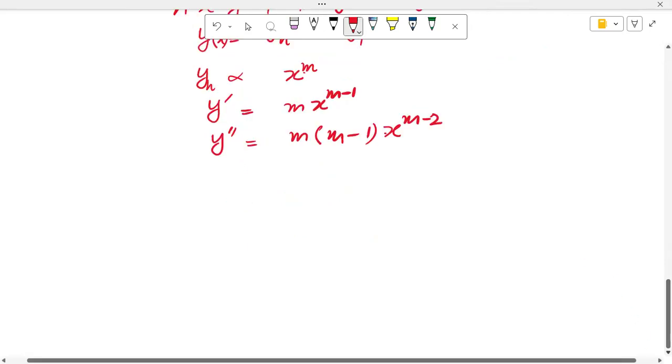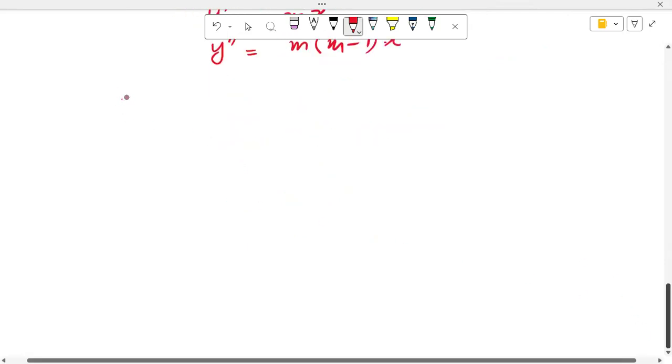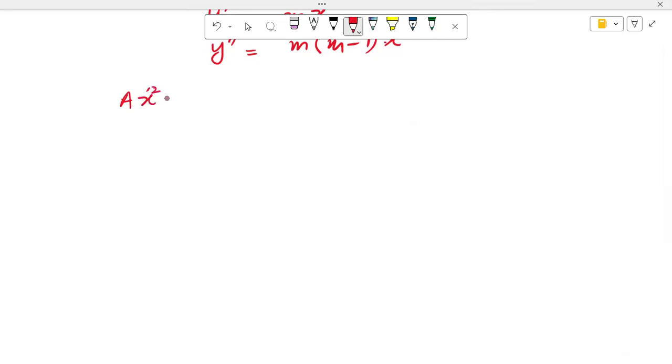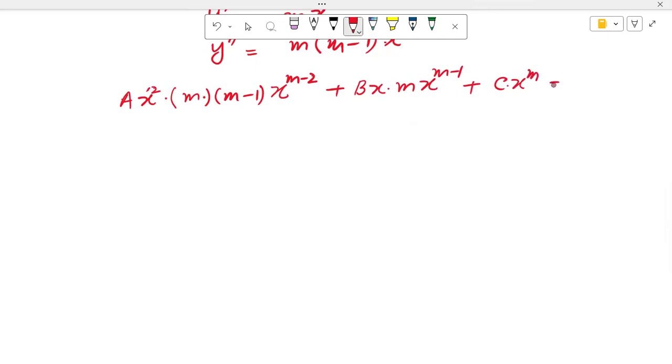With this substitution to the equation, we will get a x squared m times m minus 1 x raised to the power m minus 2 plus b x m times x raised to the power m minus 1 and plus c x raised to the power m.